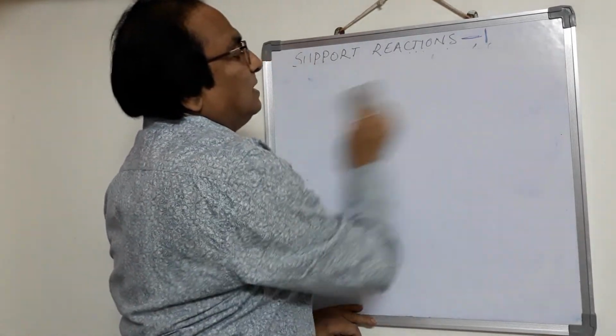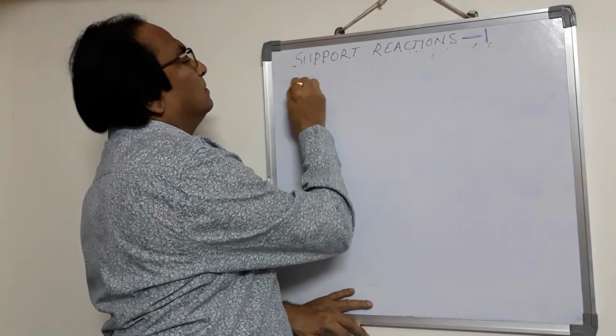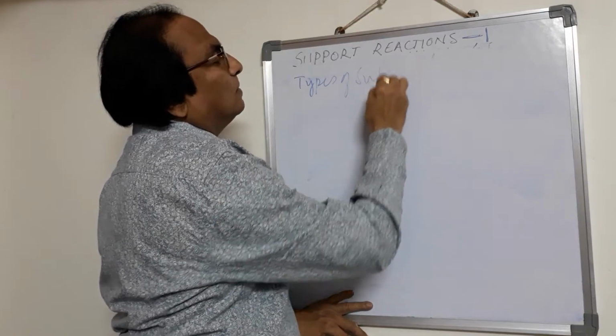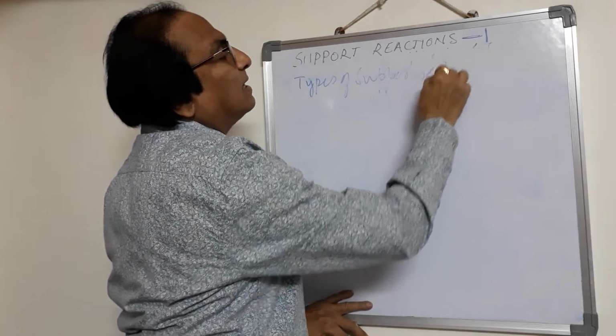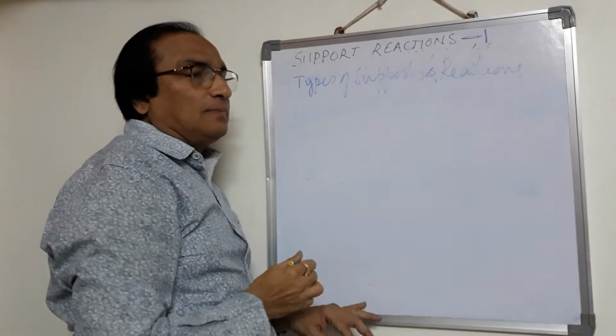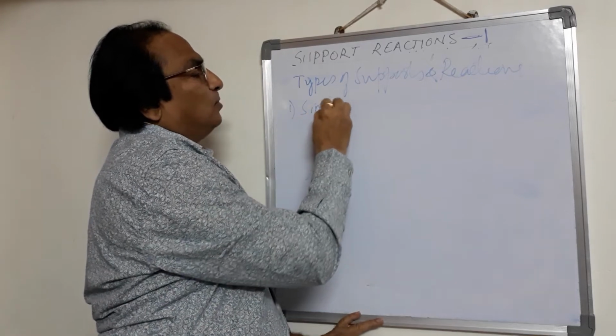Now the next important thing we will come across is the types of supports and reactions, and how the reactions will be acting on them. The first type of support is simple support.